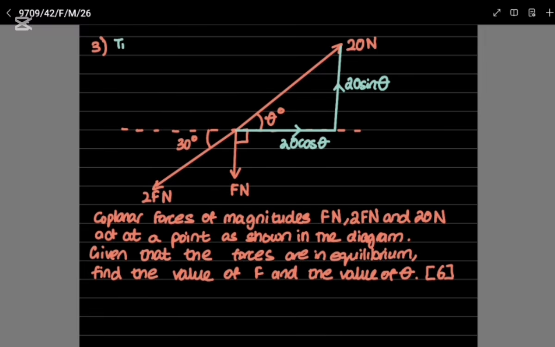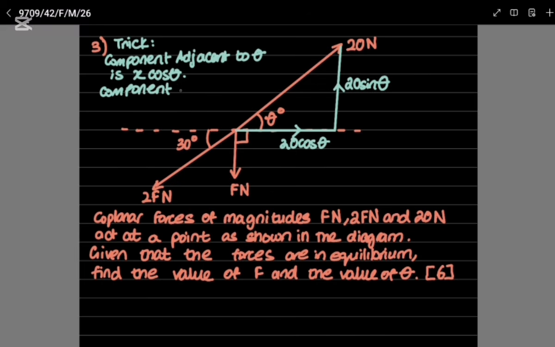Trick: the component adjacent to theta is x cos theta. The component opposite to theta is x sine theta. These are basic stuff, you should know this by now.